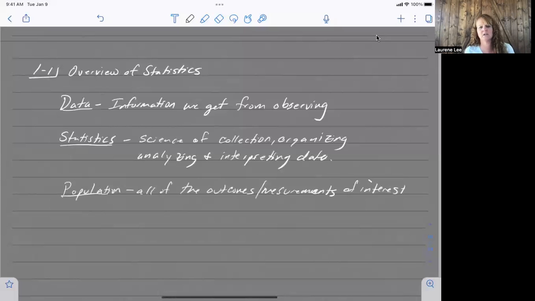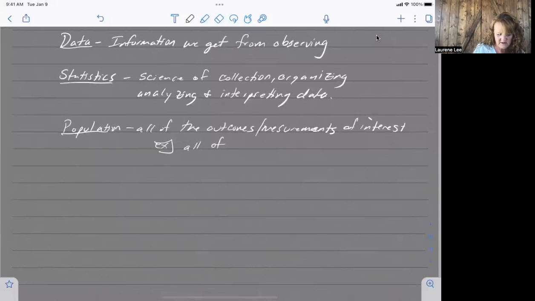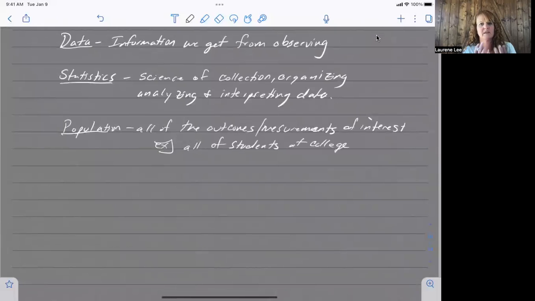Okay, so in our example, if I want to know the average height of the students at my college, the population would be all of the students at my college. It's the entire group that I'm looking to study.